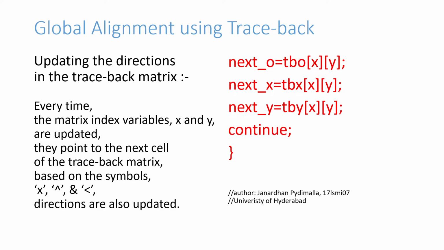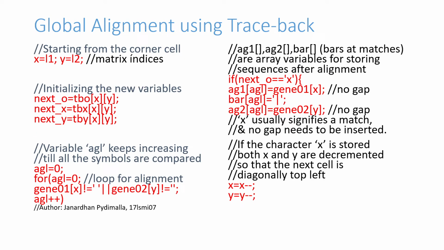This is the code I use for updating the directions in the traceback matrix. Every time the matrix index variables X and Y are updated, they point to the next cell of the traceback matrix based on the symbols: X for diagonal, the top symbol for top, and less than symbol for the left cell. The directions are updated according to the directions of the next cell. You can see in each case, for the diagonal case, both X and Y are decremented.